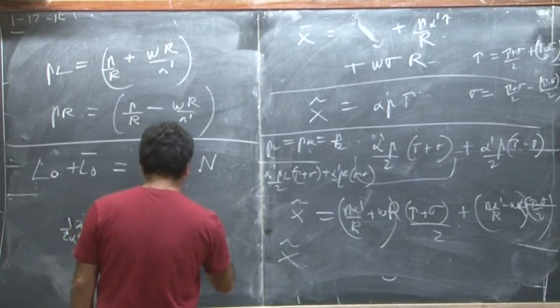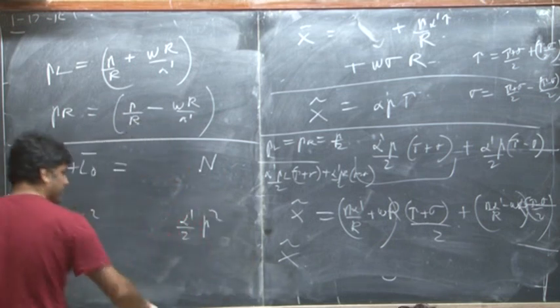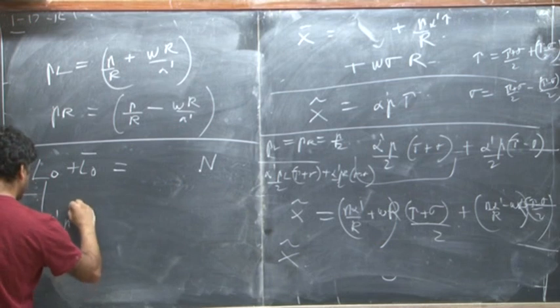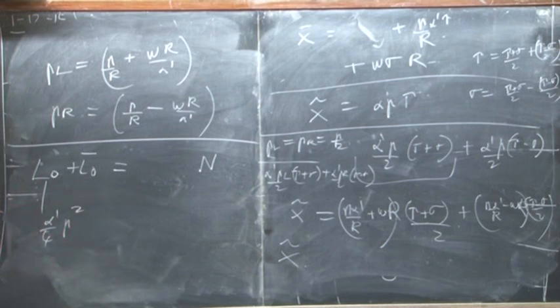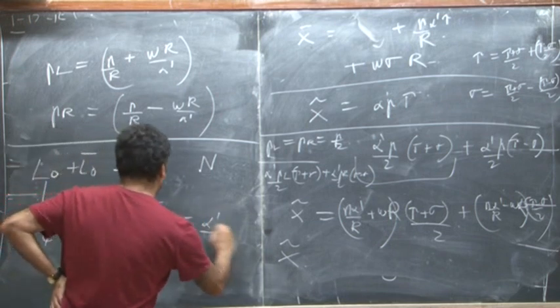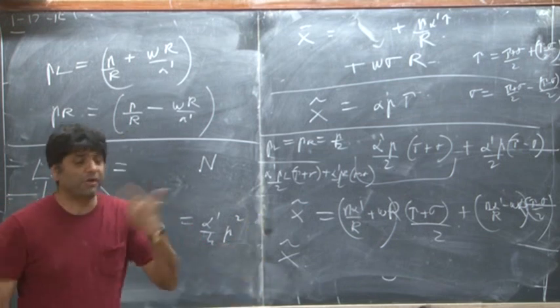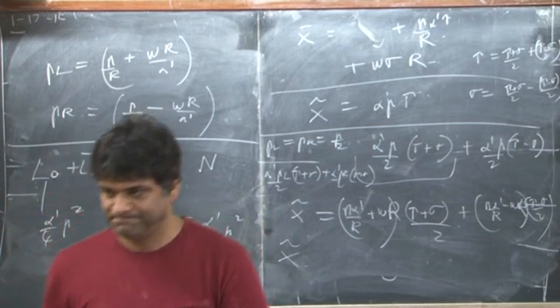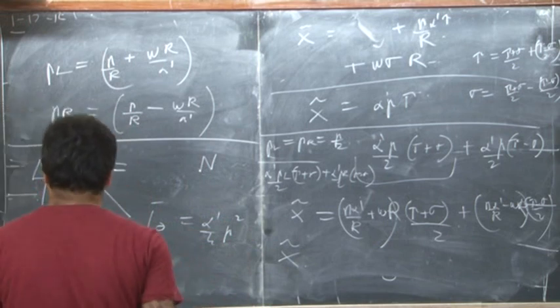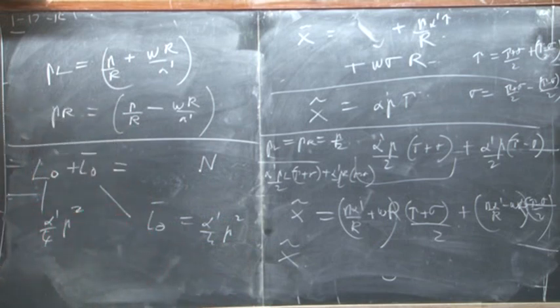So L0 was alpha prime by 4 p squared, and L0 bar was also alpha prime by 4 p squared from the contribution from the zero modes. That's how we had it without these toroidal identifications.